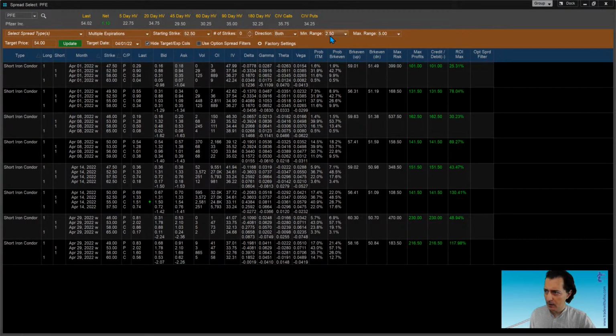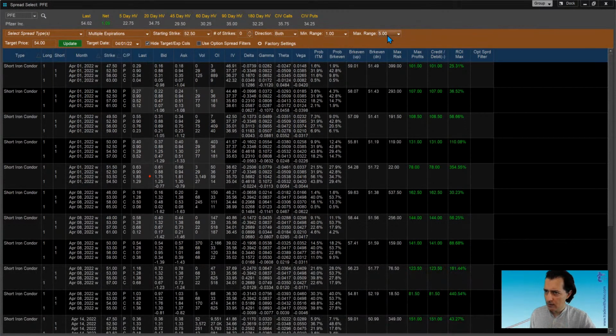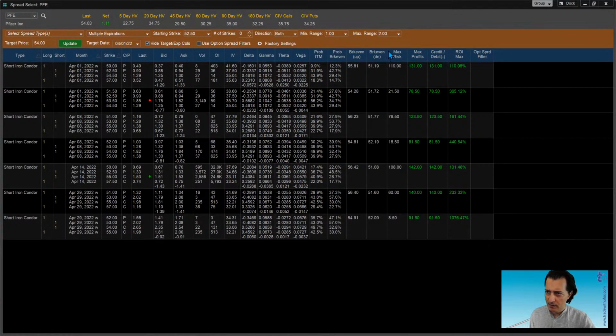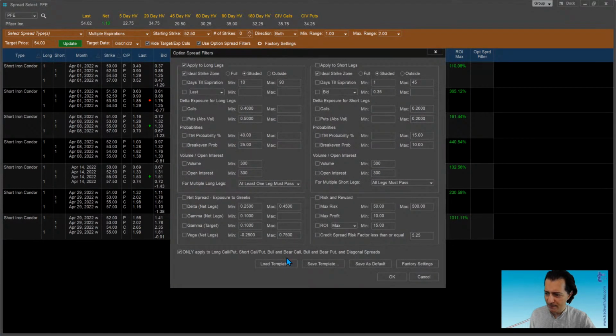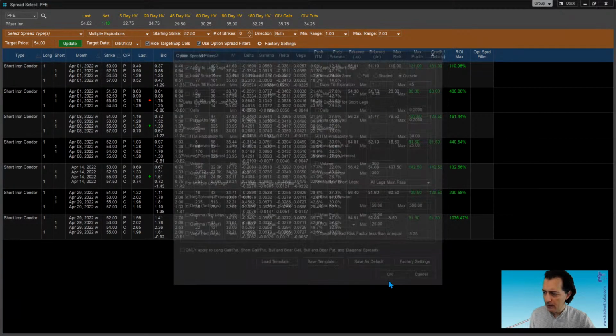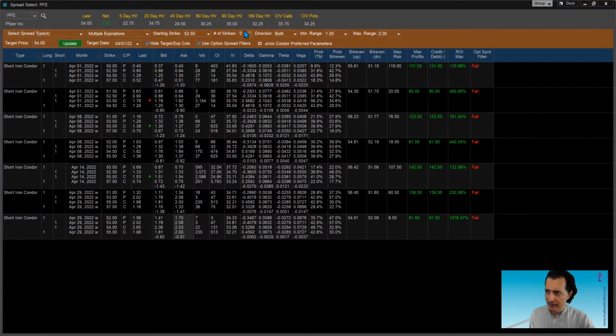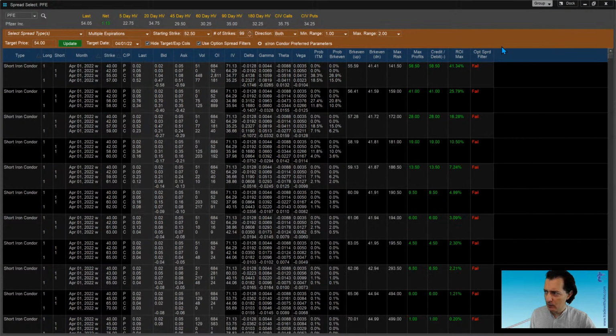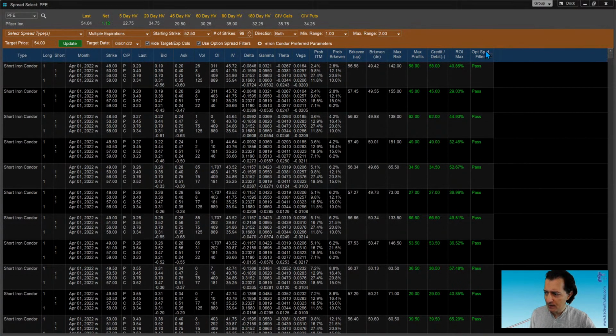The minimum is 1 and the maximum is going to be 2. This is a $50 stock, so maximum 2. I'm going to turn on the filters and load my template for iron condors. That will do the work for me to approve or reject the trades. And then I'm just going to build 99. Then I'm going to sort them and see which one passes the filter.